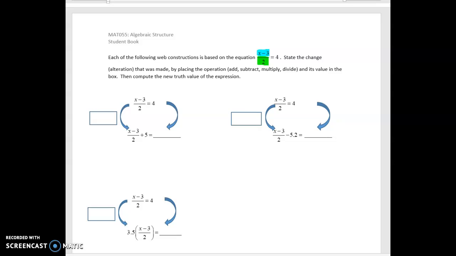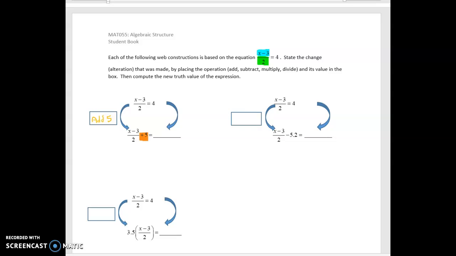And if we notice that x minus 3 divided by 2 hasn't changed, but what's been included on this new expression is the addition of 5. So in the box, we're going to state that we're going to add 5. Okay, so we're going to use the words add, subtract, multiply, and divide.